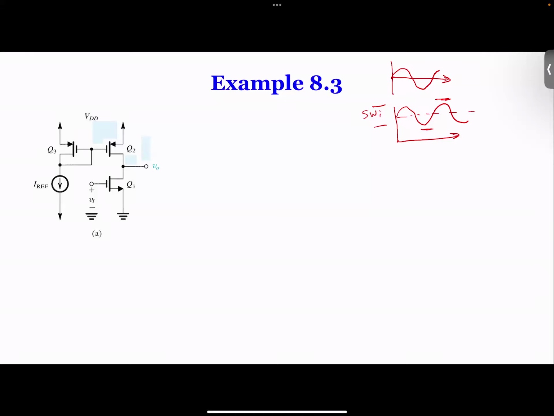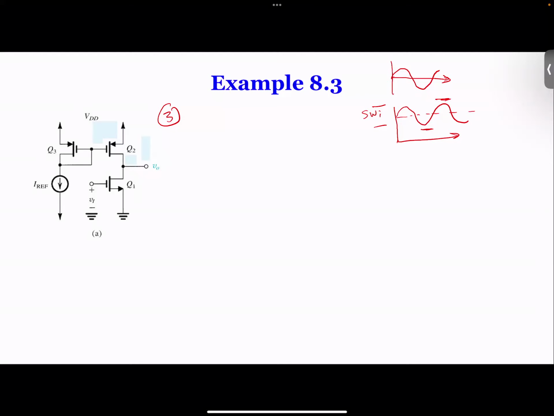In this example, if we look at VO, what would be the minimum of VO? Can VO reach 0? If VO reaches 0, what happens? Your VDS is going to be smaller than VGS, so you cannot really get to 0.